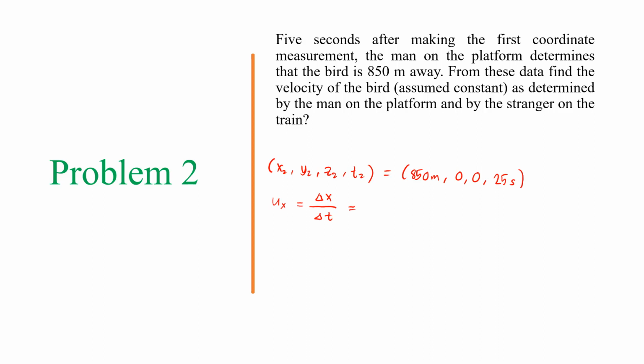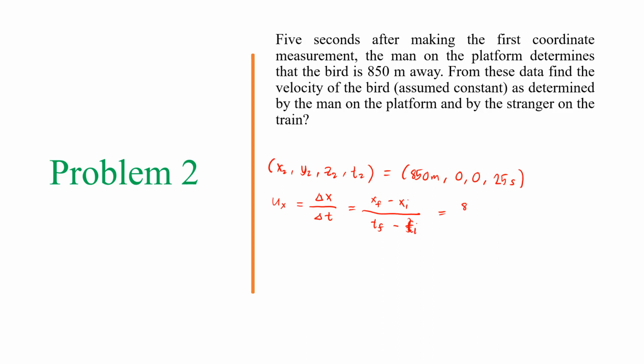So we have x final minus x initial divided by t final minus t initial.